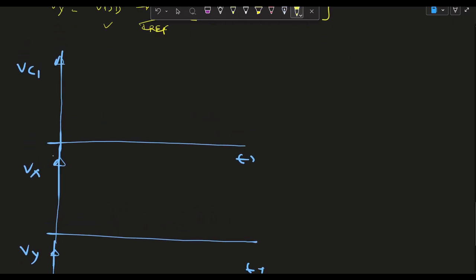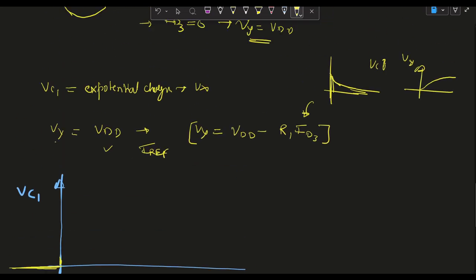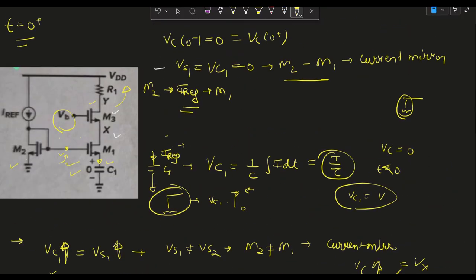So how does VC1 look? For t less than 0, it is 0 volt. At the instant t equals 0 plus, it will rise to some voltage VC1, as I mentioned here.